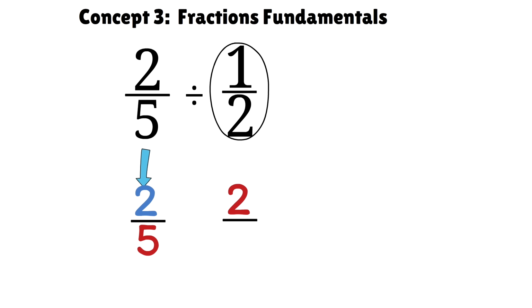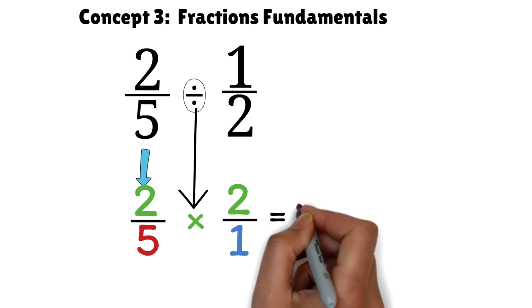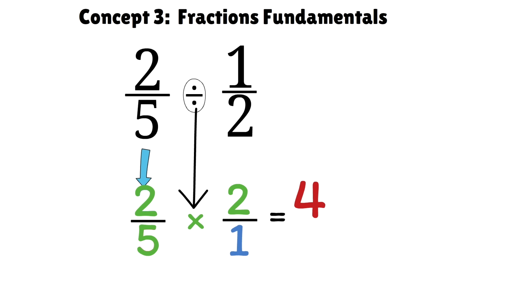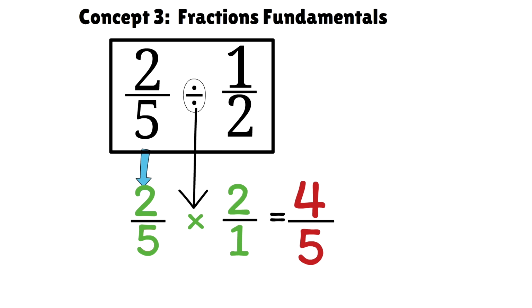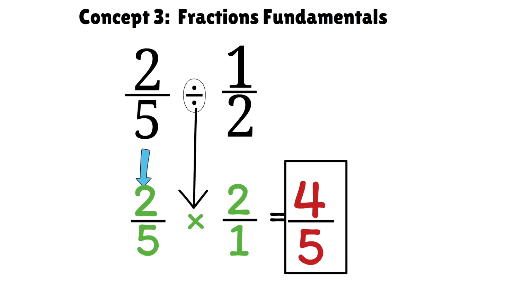This will give us 2 over 1. Finally, because we found the reciprocal, the division sign here will change into a multiplication sign. So the question becomes 2 over 5 times 2 over 1. Now we can multiply. 2 times 2 is 4, and 5 times 1 is 5. So 2 over 5 divided by 1 over 2 is 4 over 5.